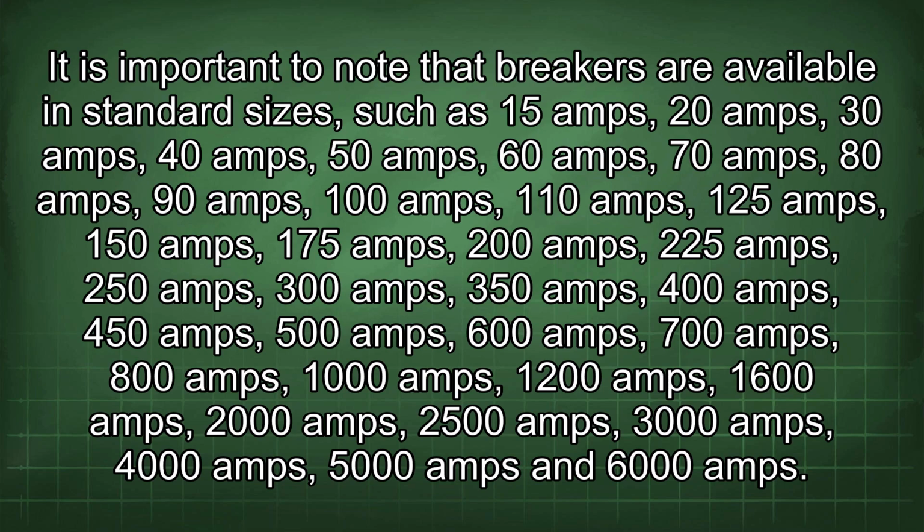It is important to note that breakers are available in standard sizes such as 15 amps, 20 amps, 30 amps, 40 amps, 50 amps, 60 amps, 70 amps, 80 amps, 90 amps, 100 amps, 110 amps, 125 amps, 150 amps, 175 amps, 200 amps, 225 amps, 250 amps, 300 amps, 350 amps, 400 amps, 450 amps, 500 amps, 600 amps, 700 amps, 800 amps, 1000 amps, 1200 amps, 1600 amps, 2000 amps, 2500 amps, 3000 amps, 4000 amps, 5000 amps, and 6000 amps.